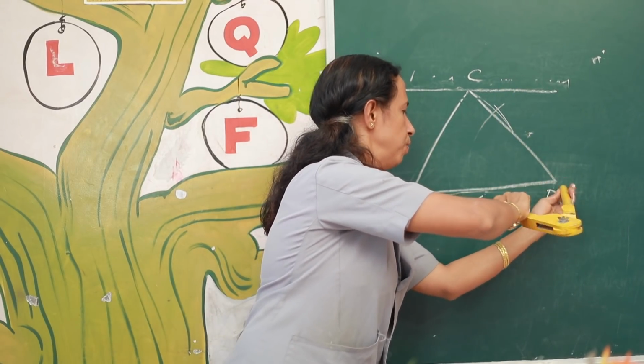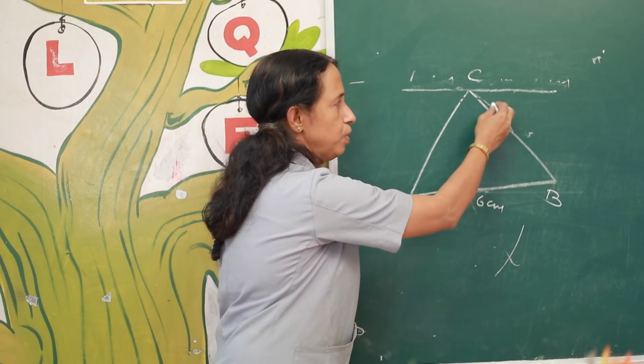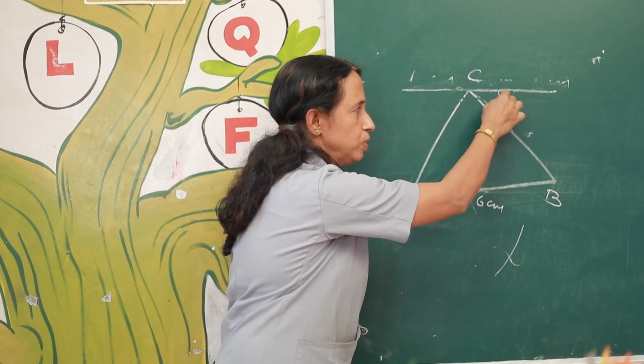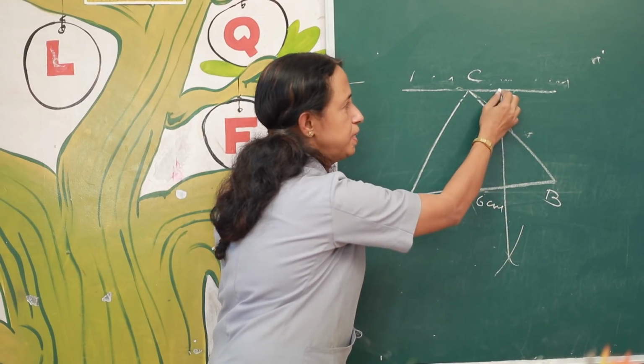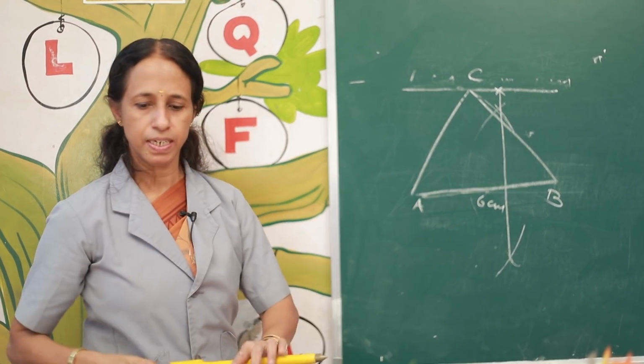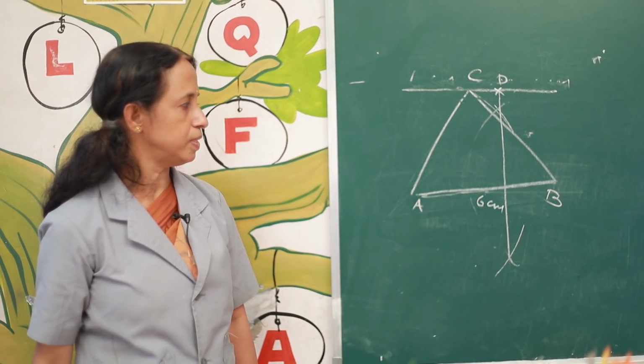Then draw a line through the intersecting points. This meets the parallel line at D.